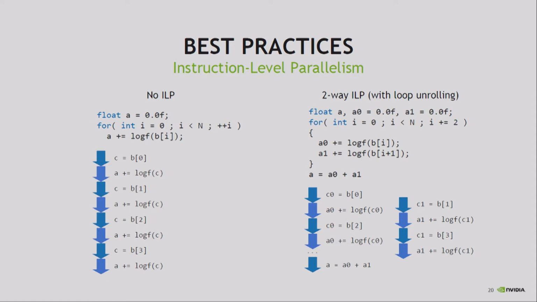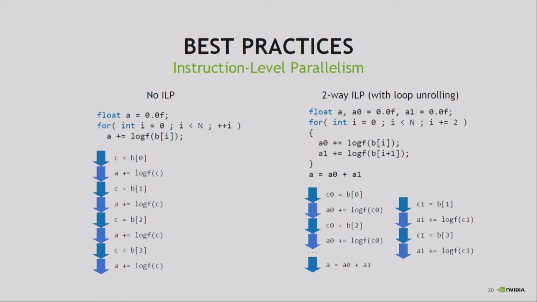This is a very simple example: we have a loop where we just sum up all the things together and compute a logarithm. If you just execute it like that, we have to load the data from memory, compute the logarithm, add it up, load another one, and there's a dependency on all of these instructions, so they have to be executed one by one.